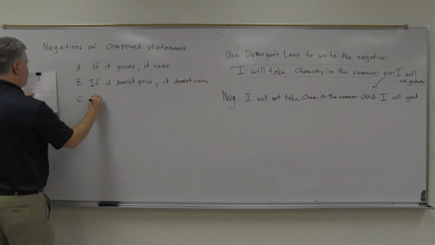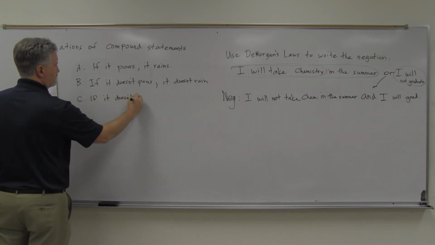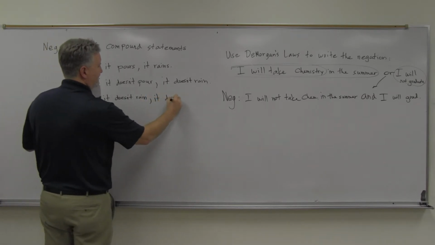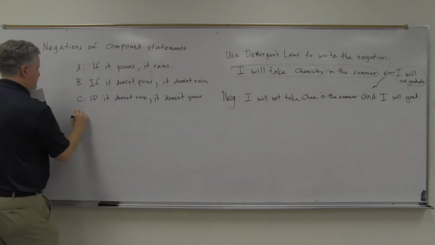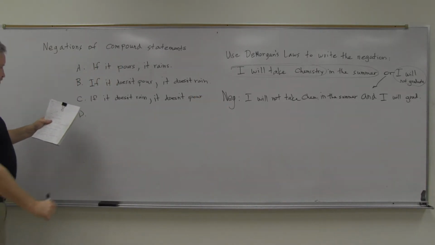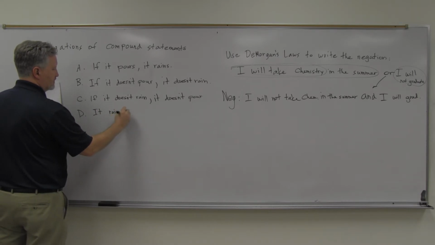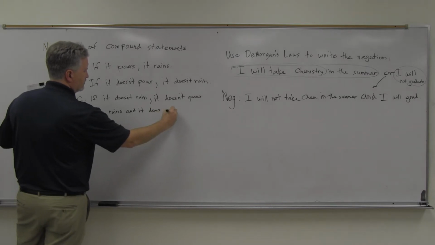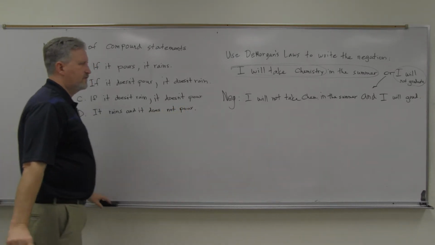C is if it doesn't rain, it doesn't pour. And then D is it rains and it does not pour. Those 4 statements.